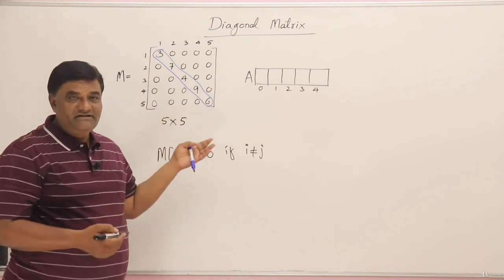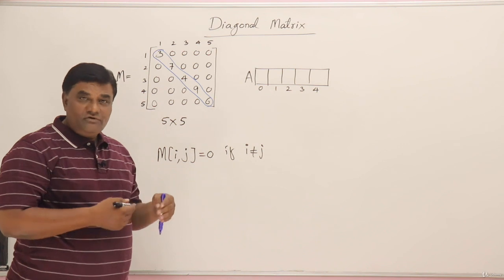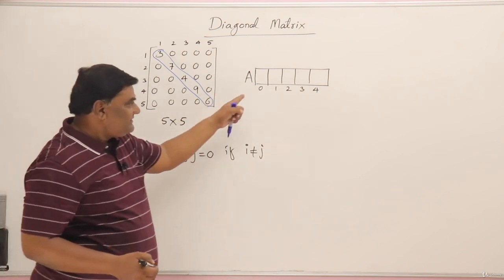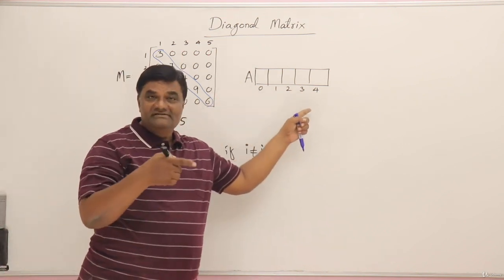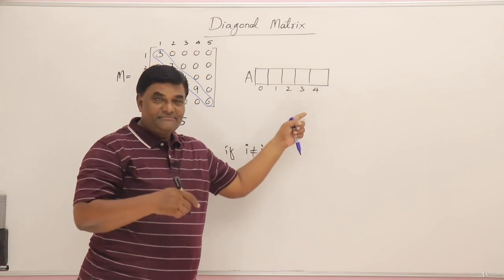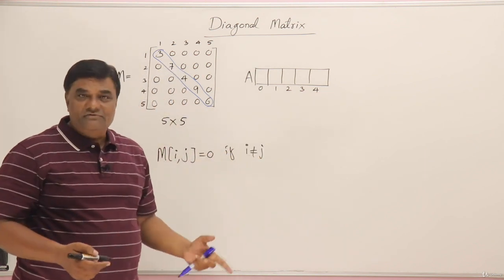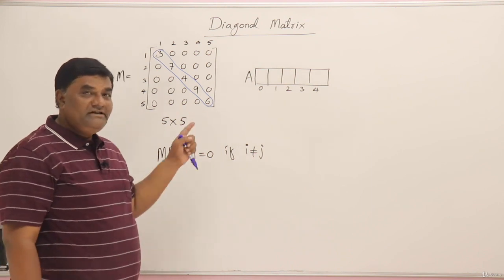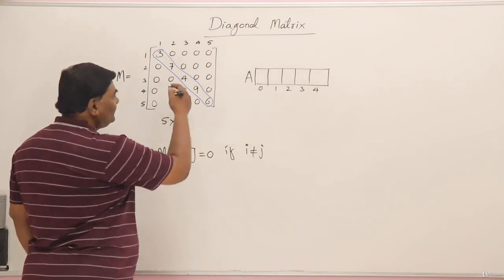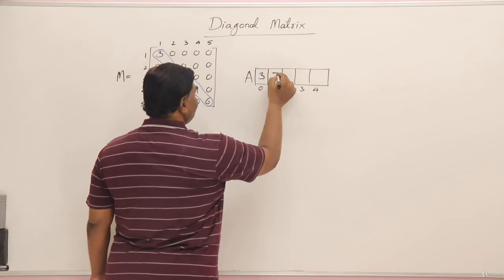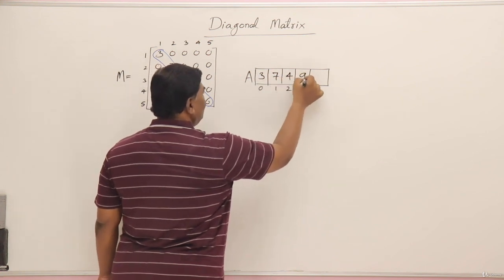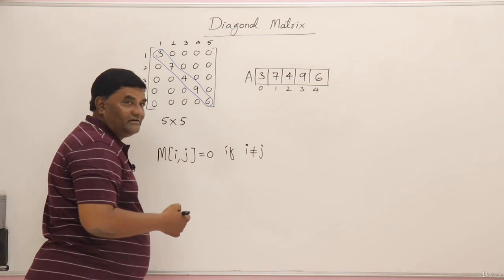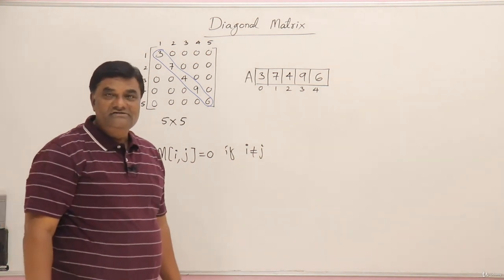If you want, you can change the indices to start from 0 also. In C or C++ programming, the array starts from 0, so I have taken an array from 0. Now I want to store only non-zero elements. So let us store those elements: 3, 7, 4, 9 and 6. So I have stored only non-zero elements.